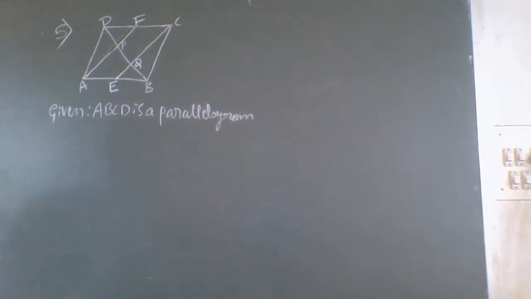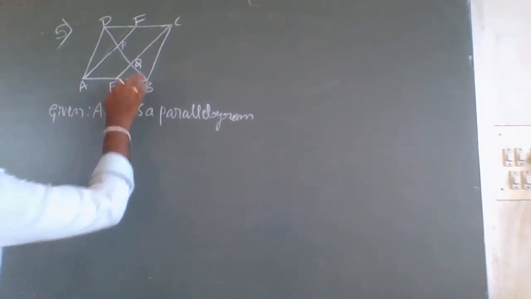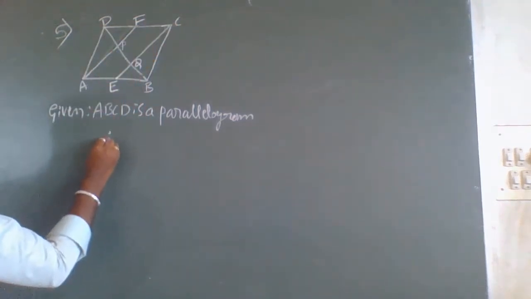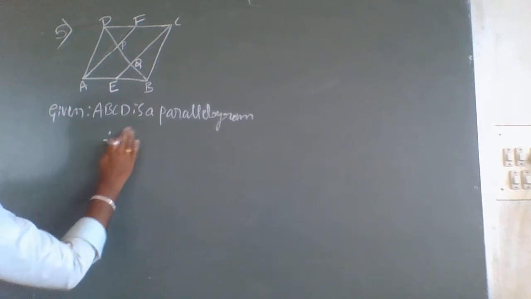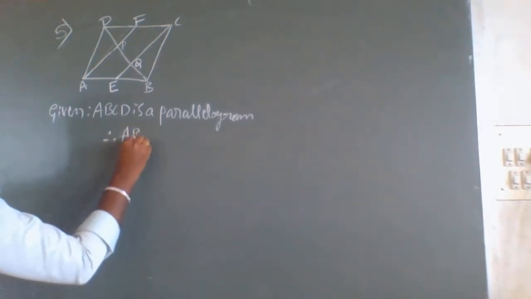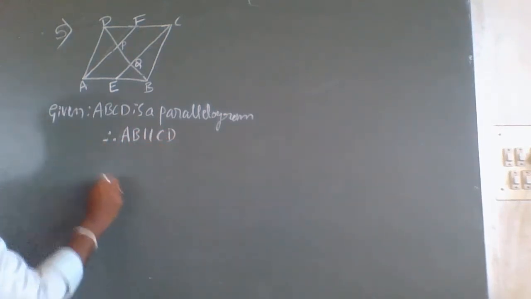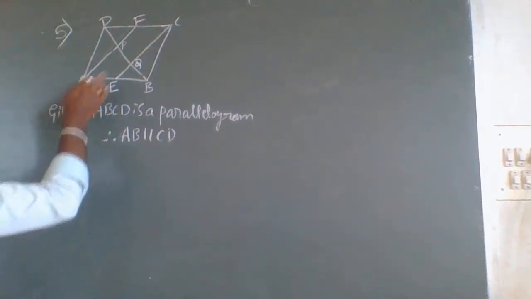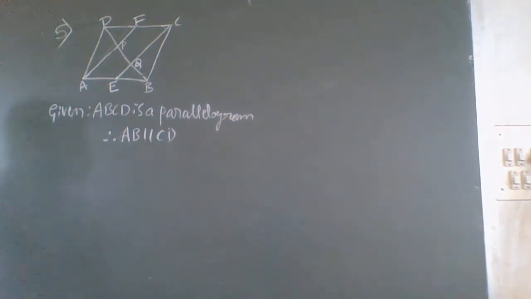And what you can write here is AB is parallel to CD. How? ABCD is a parallelogram, and we know that opposite sides are parallel to each other. Therefore, AB is parallel to CD.